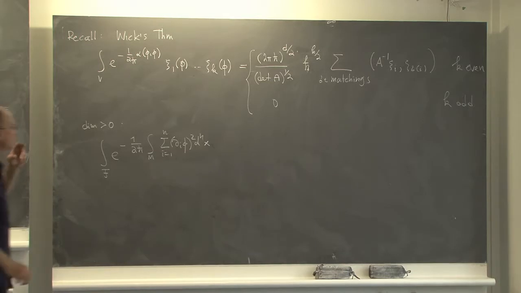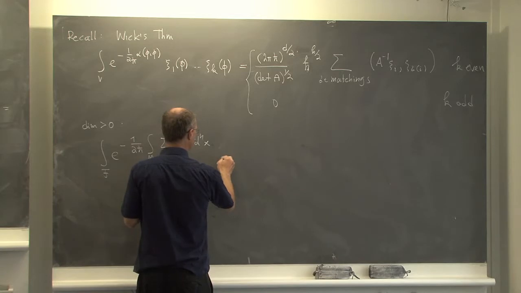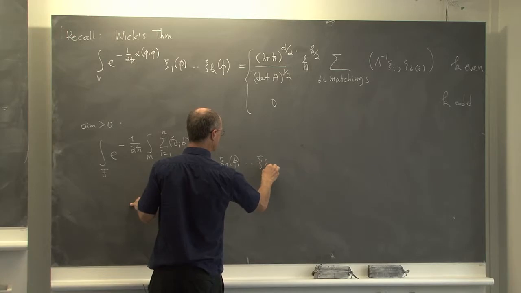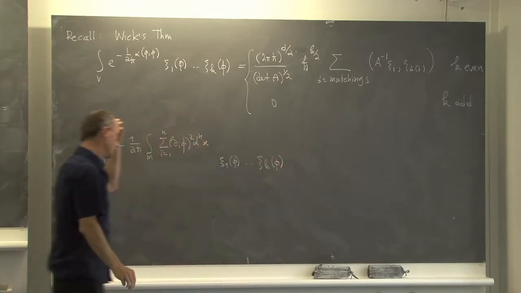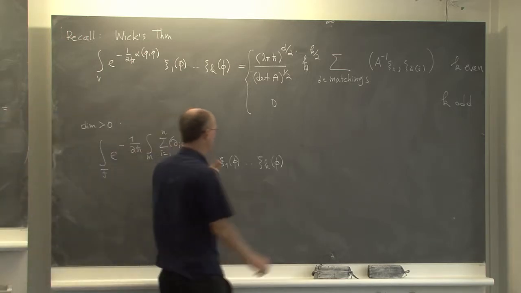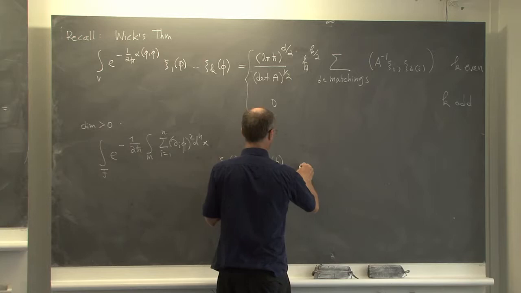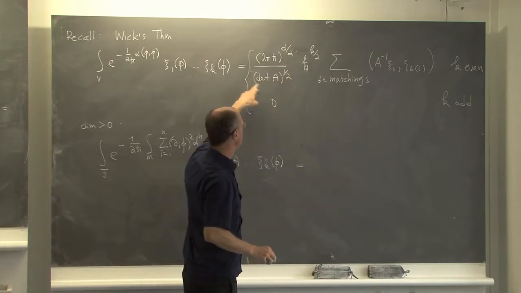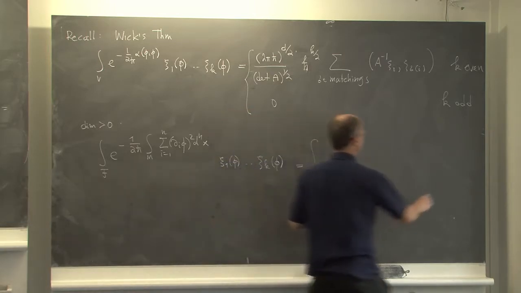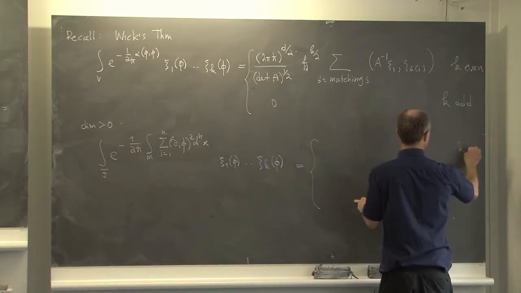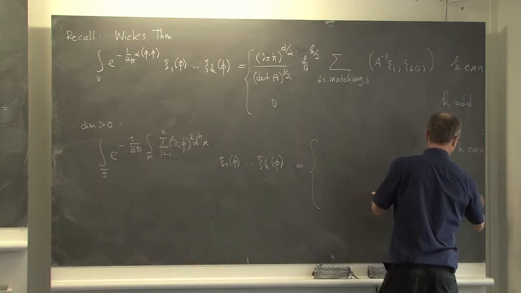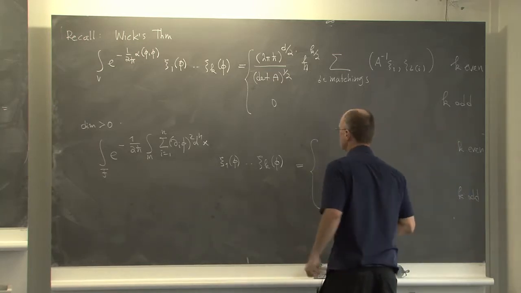And here we can write some kind of linear functions of phi. We'll discuss in a second what they are, and we would like to try to use this formula. So this would be now our definition. So for k even, there will be something interesting. For k odd, there will be 0.